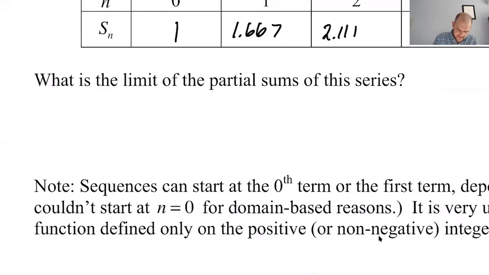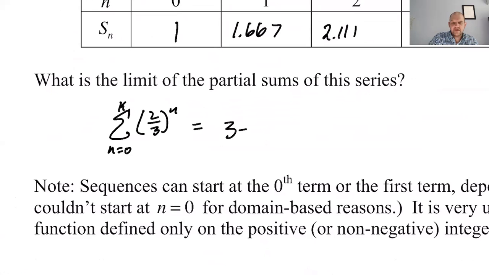All right, so let's do some writing. Let's say that the sum from n equals 0 to k of 2/3 to the n, this is too many letters, is equal to 3 minus, I'm just going to cheat and look back at the calculator, it was 3 minus 2 times 2/3 to the k.